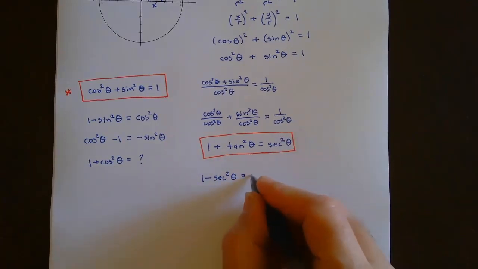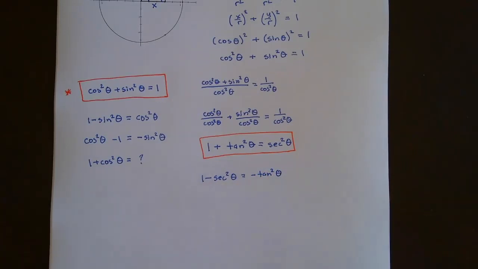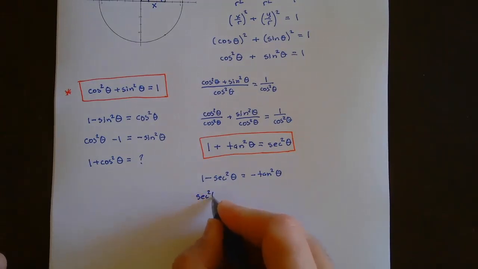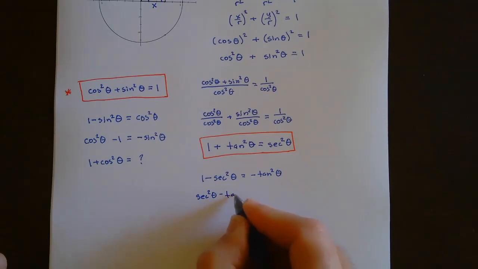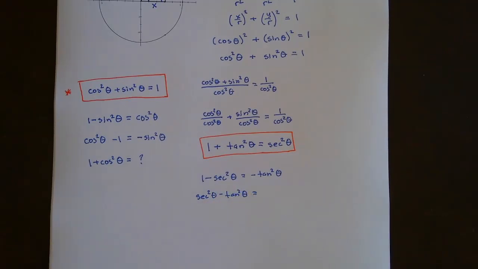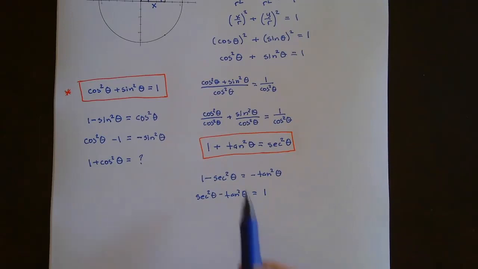So that would be negative tan squared theta, okay? What would this one be? Secant squared theta minus tan squared theta. Well, that would equal 1.